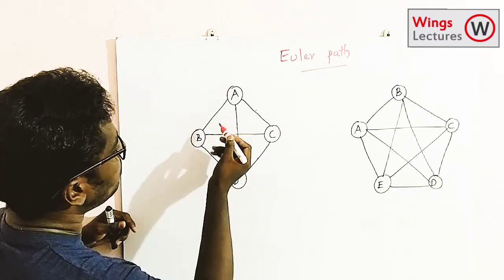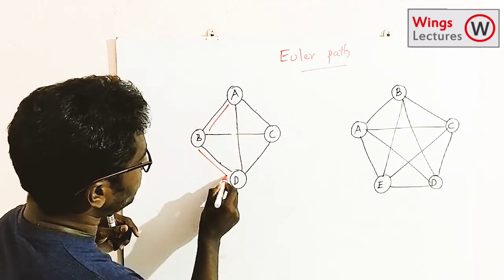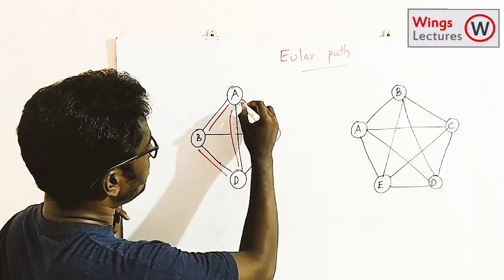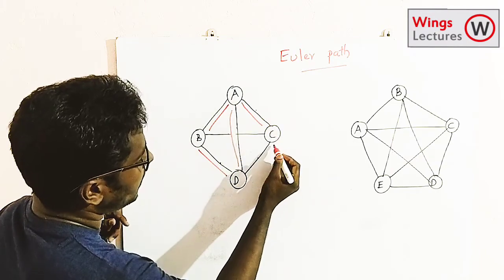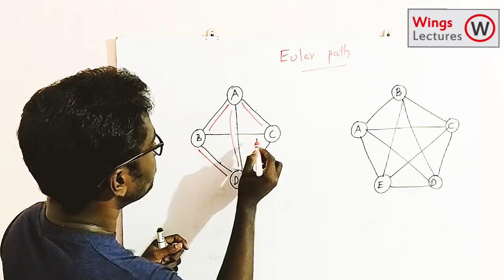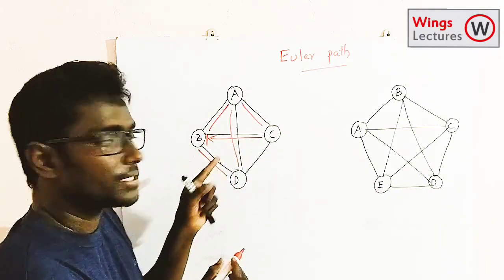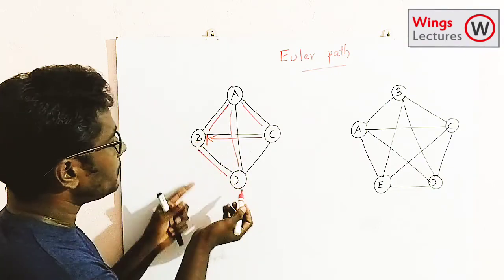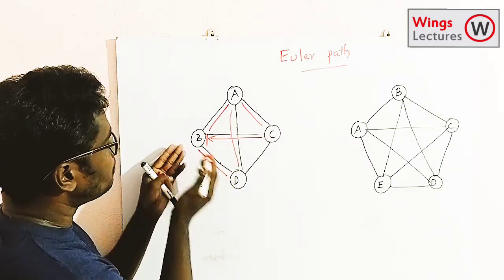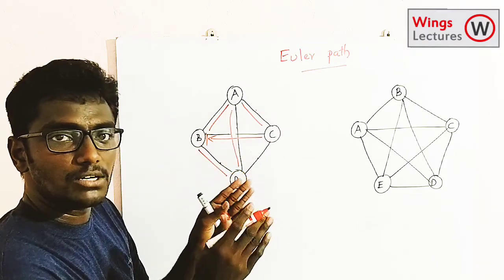I am going to start the travel from A to B, B to D, D to A, and A to C. And if I choose C to B, my travel has to end at this point, because I would have to repeat the travel either from B to D or else B to A, though both the edges are already used.